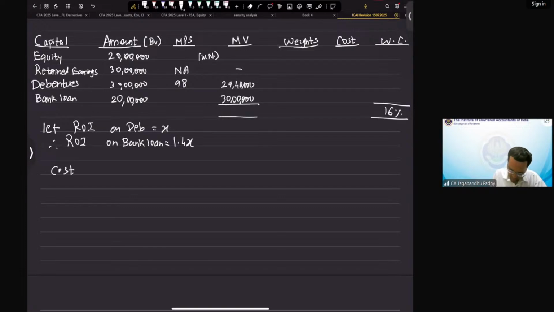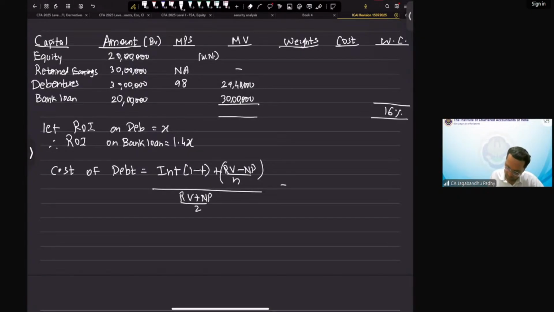So cost of debt will be interest into (1 minus t) plus (RV minus NP) by N, the whole divided by (RV plus NP) by 2.